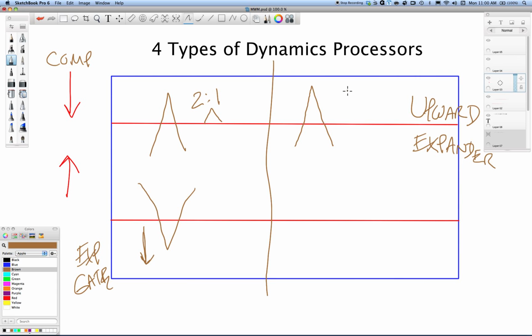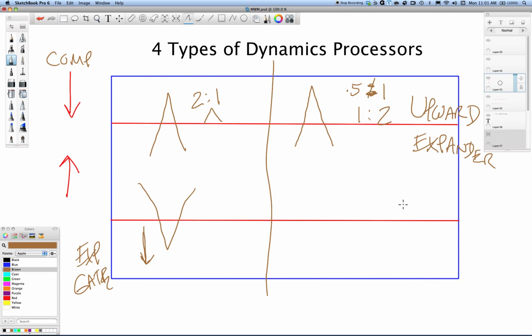Sometimes this ratio is represented in a decimal, like 0.5 to 1, that type of thing. Or another way of saying it is a 1 to 2 ratio, right? So for every dB above threshold, 2 dB comes out, and that's called an upward expander. And this is something that is not only very possible, but is very much in use in a lot of the plug-in processors that are available now.